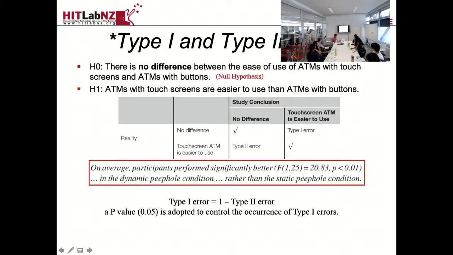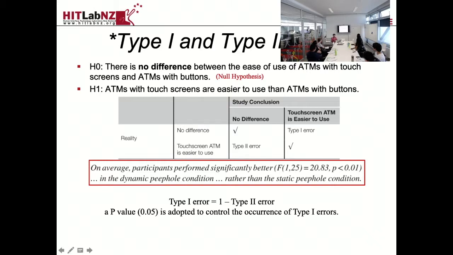So let's see this one. For example, there is one hypothesis. The null hypothesis is there is no difference between the ease of use of ATMs with touch screen and ATMs with buttons. So maybe the author wants to have a comparison. Just assume a bank wants to change the ATM machine.